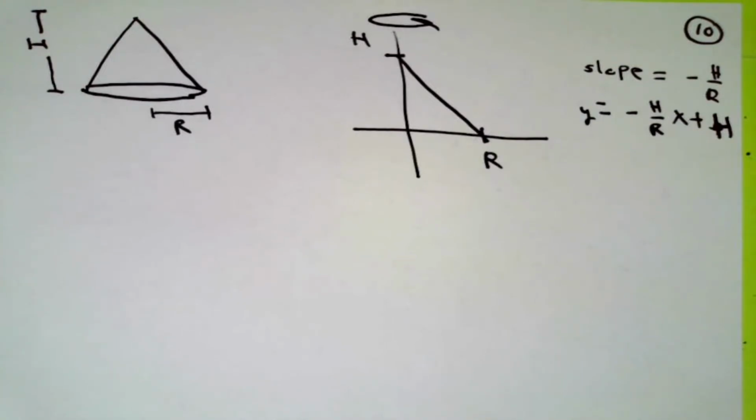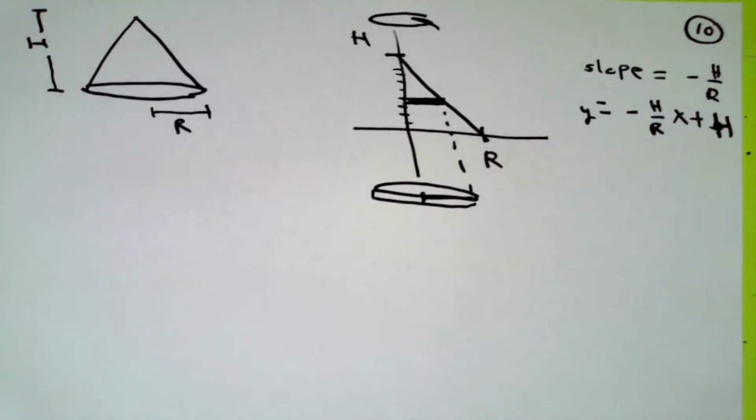Since I'm revolving around the y-axis, I'm going to chop the y range up. The radius of the disk is going to be the x-coordinate on that downward sloping line.